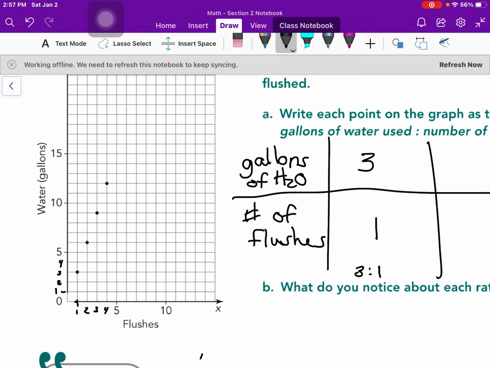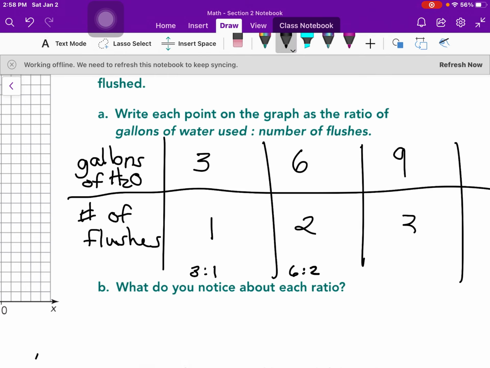Okay? And I can see that this next dot would be 2 flushes, and that would be 6 gallons of water. Ratio of 6 to 2. And this next dot would be 3, and this is 6, 7, 8, 9.